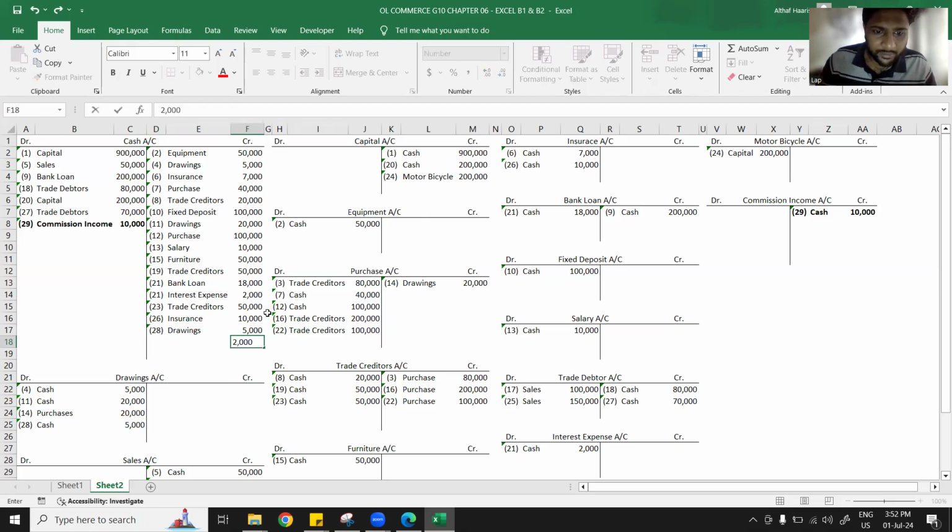So here you can write cash. Here you can write interest expense.